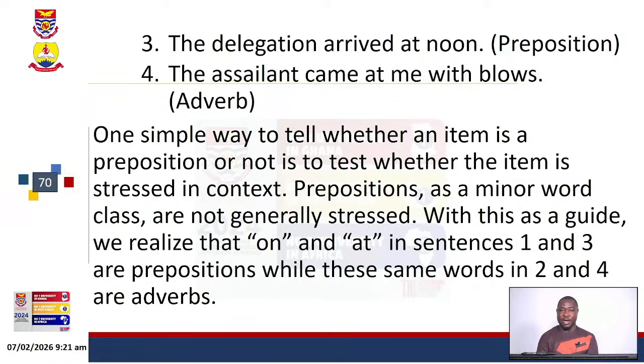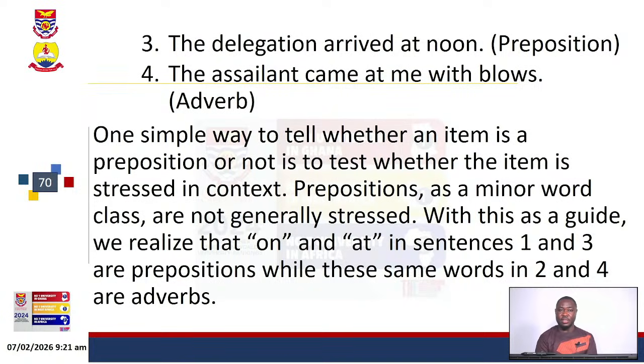The delegation arrived at noon. So here we have a prepositional phrase, at noon. So definitely the at is a preposition. But the assailant came at me with blows. At here is an adverb.